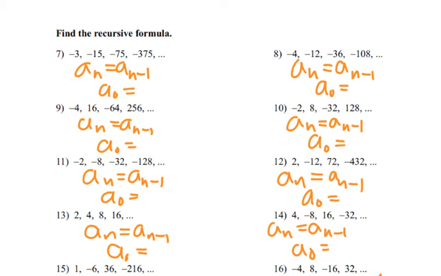So we just figure out the growth first, right? That constant ratio, 3 to 15 to 75 to 375, times them by a positive 5, not negative 5.